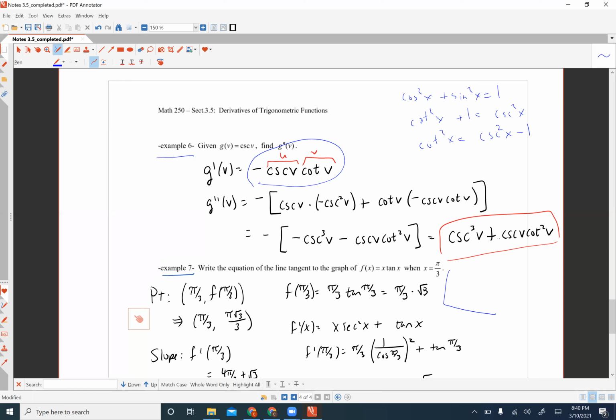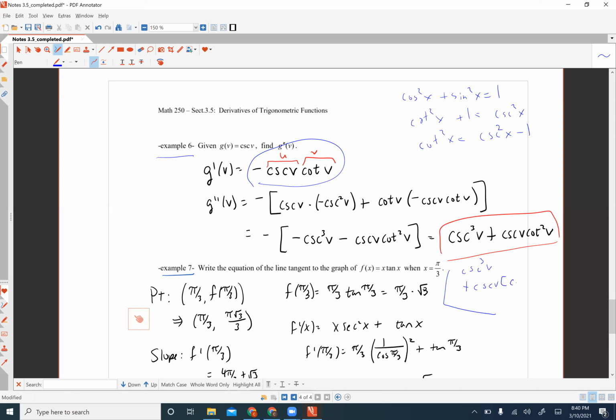We can actually simplify this a little bit. You're going to get cosecant cubed of v, and now you get cosecant of v. So I have to write it down below. So I said, maybe I regret doing this, plus cosecant of v, and then cotangent v squared is, what is it?